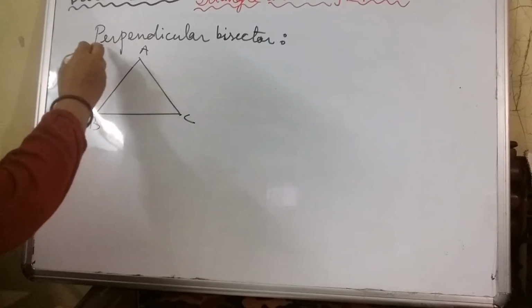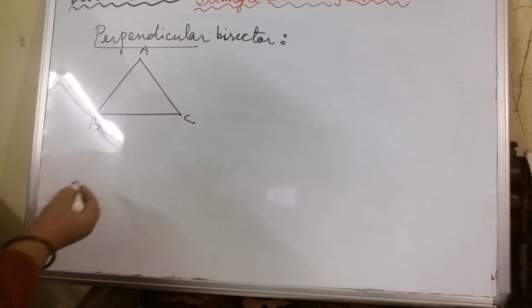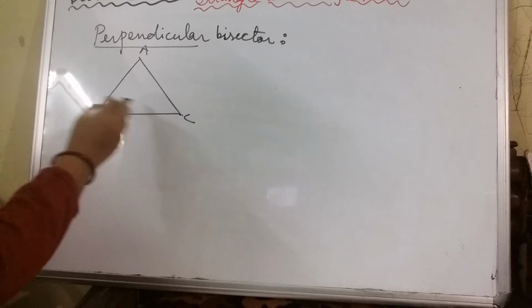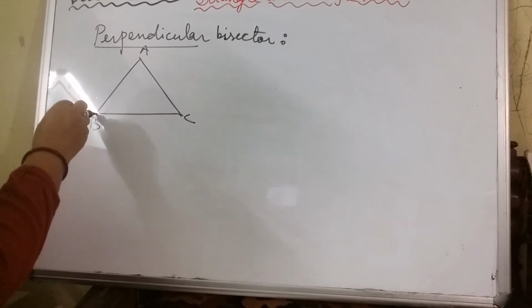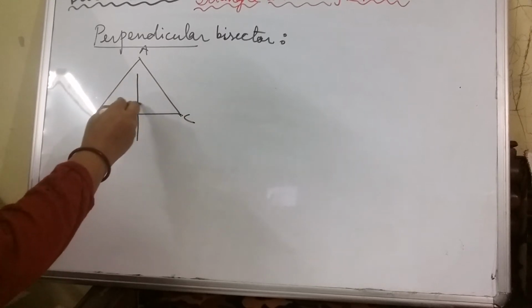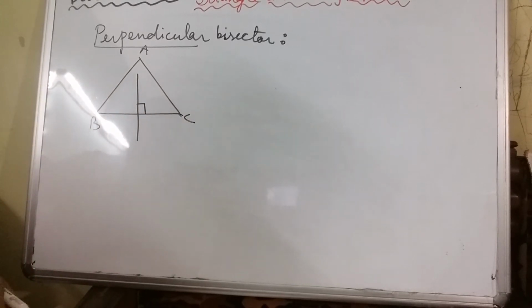Now if it is a perpendicular bisector, that bisector will divide this line BC in two equal halves and it will make 90 degree. That's the definition of perpendicular bisector.